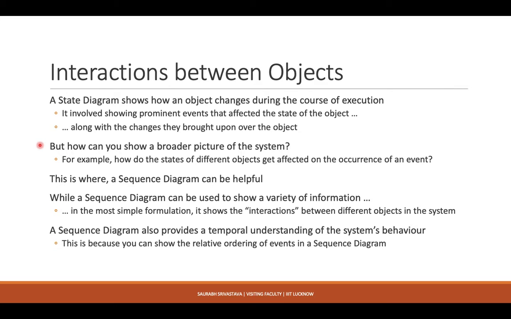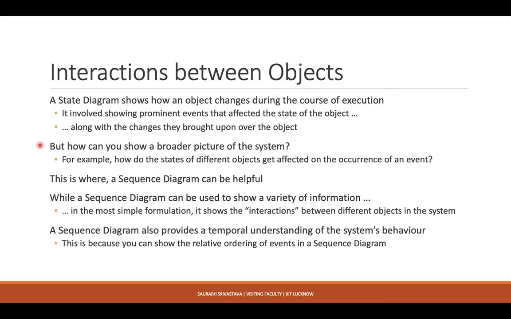So for instance, if your system currently has multiple objects simultaneously, which will be the case most of the time, how do these objects interact with each other, right? It is possible that the so-called event on which we showed a state transition was actually generated by some other object's processing, right?